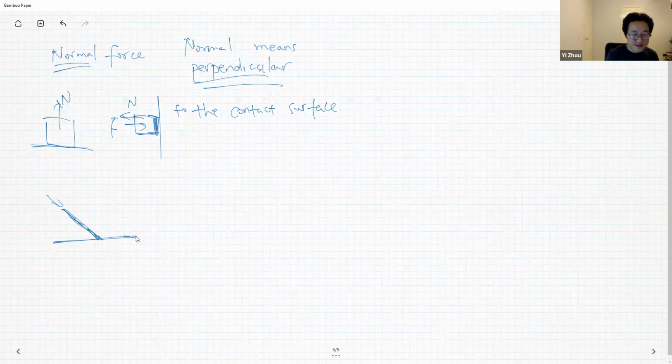It points straight up from the ground, perpendicular to the ground, because for this stick the contact is one point, but the surface here is flat. So basically, the normal force is always perpendicular to this contact.